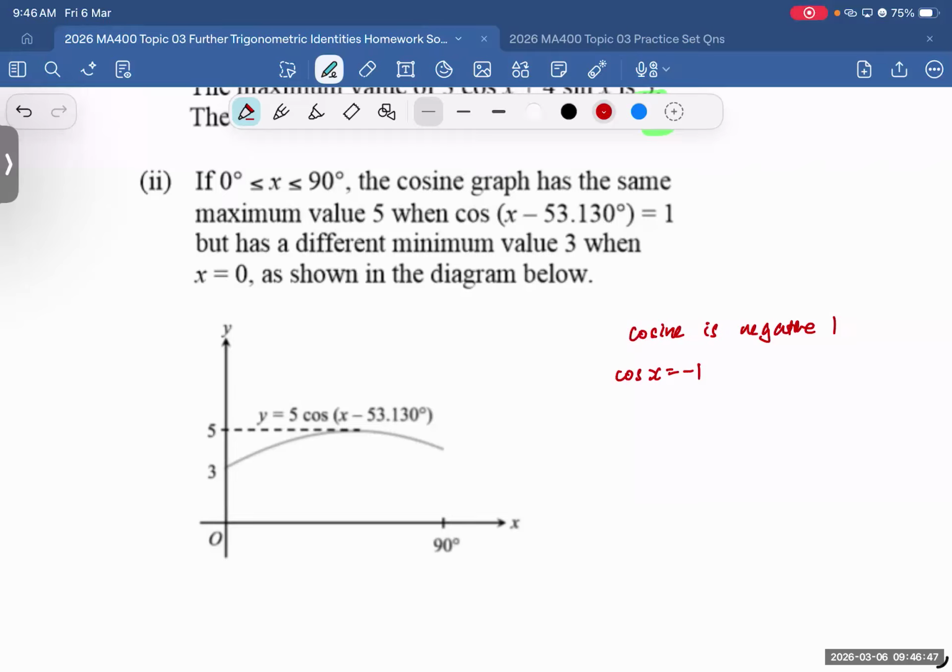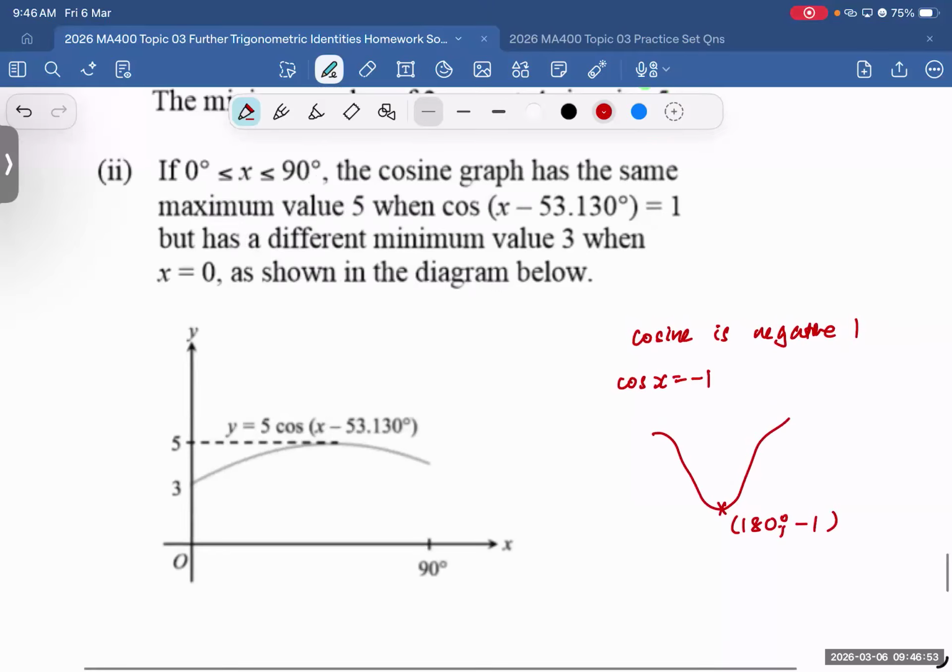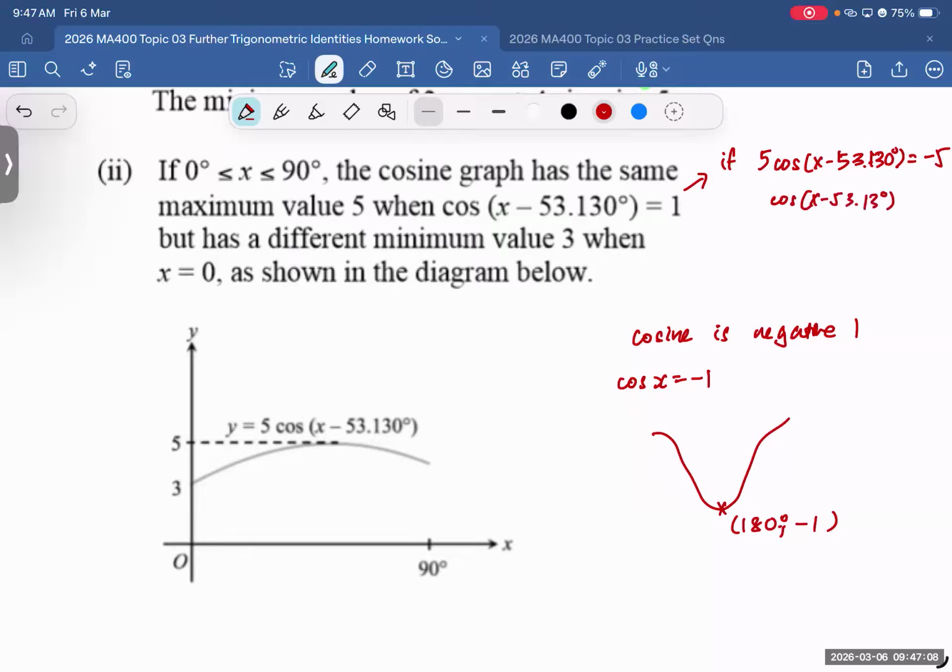180. Fair enough. So cosine graph at 180 is equal to -1, right? So if you want 5 cosine of x minus 53.13 to be -5, that is, if you want cosine of x minus 53.13 to be -1, that means x minus 53.13 equals 180.